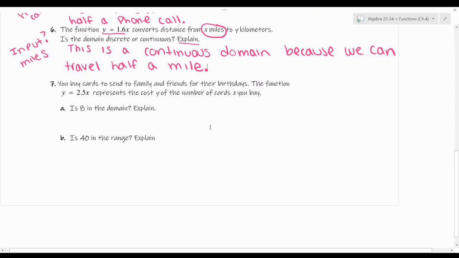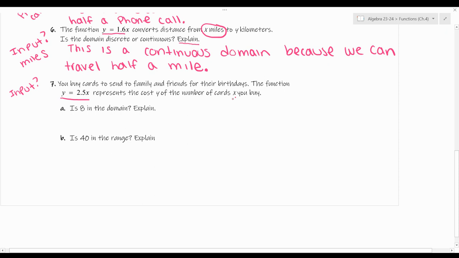Last question, number 7. It says you buy cards to send to family and friends for their birthdays. The function y equals 2.5x represents the cost y of the number of cards x you buy. So our input is x.